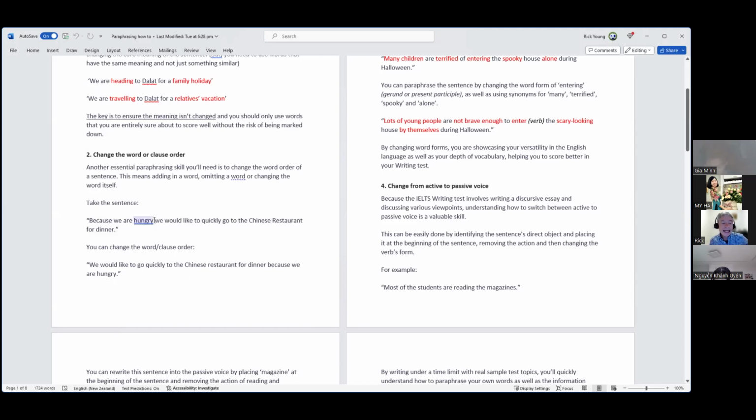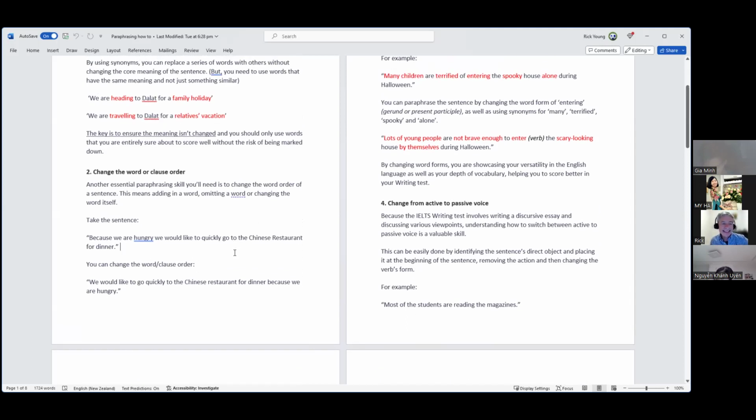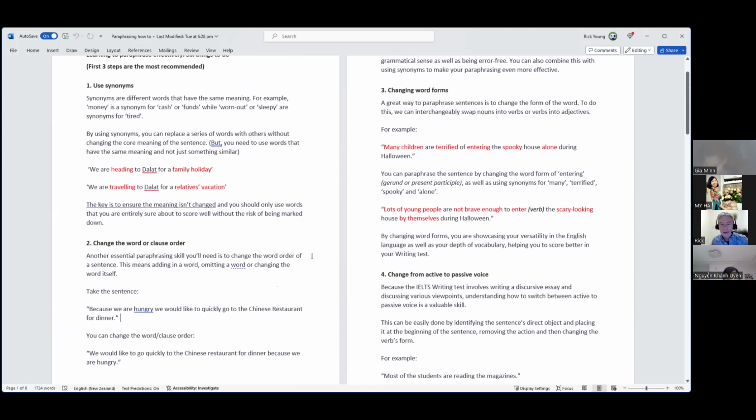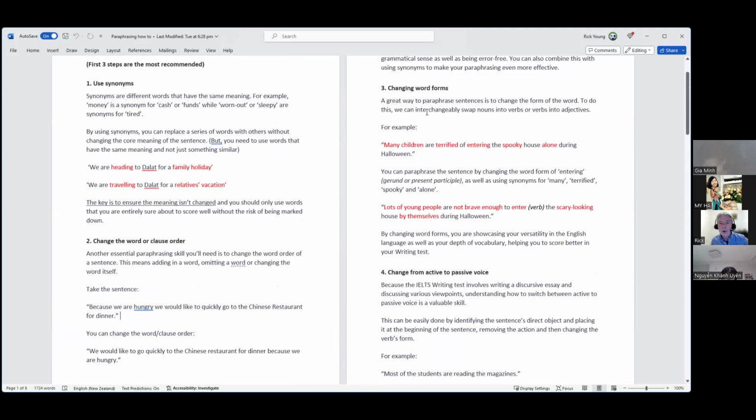So I have changed the clause order to paraphrase the sentence. The sentence means exactly the same thing, but I have just reversed the order of the clauses. So that is the second way you can paraphrase. First way is synonyms. Second way is changing the word or clause order. And the third way is changing word forms.